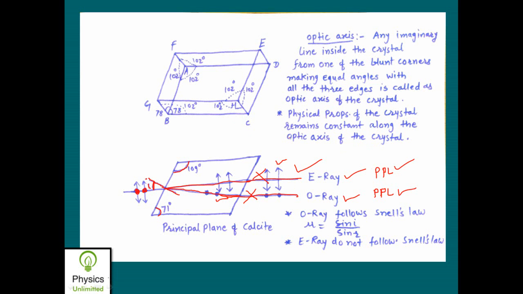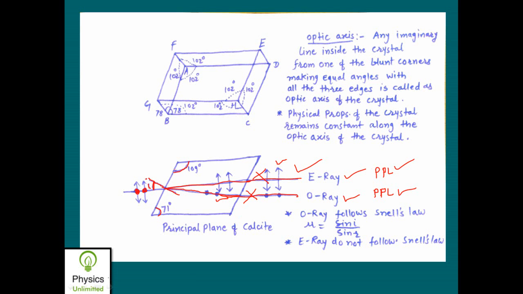And that I can do with the help of a Nicol prism, which you might have studied in 12th standard. In the construction of the Nicol prism, this calcite slab is cut along its shortest diagonal so that it is divided into two halves, and again these two halves are pasted together with a layer of a transparent material called Canada balsam, such that the refractive index of Canada balsam lies between that of the refractive index for the ordinary ray and the refractive index for the extraordinary ray.